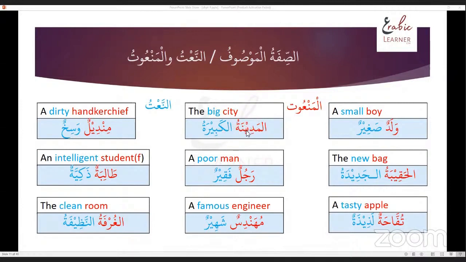Both of them mu'annas. Okay? And they are singular. And they are ma'rifa. Rajulun faqirun. Nakira, both of them. Both of them are marfu' and muzakkar. And what is left? Singular, mufrad. So all these are examples of Naat wa Manuut. It's easy, brothers and sisters.